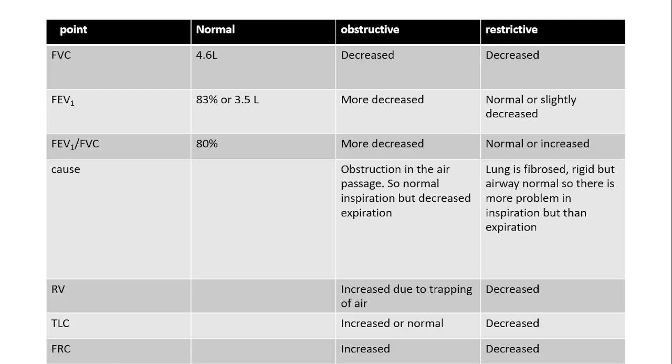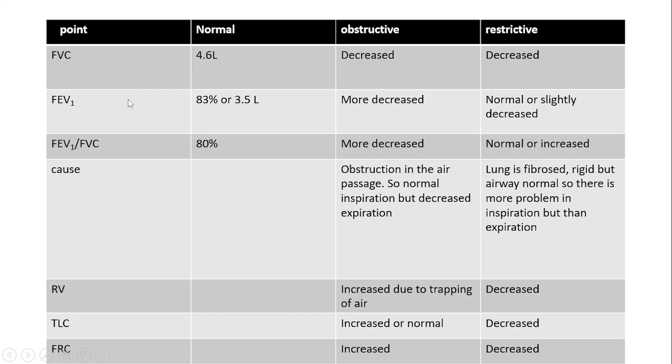Air can enter in the air passages, but it cannot enter into the lung alveoli properly, because the lung alveoli itself is now hardened, or it cannot become expanded. So the forced expiratory volume in first second should normally be more than 80%.